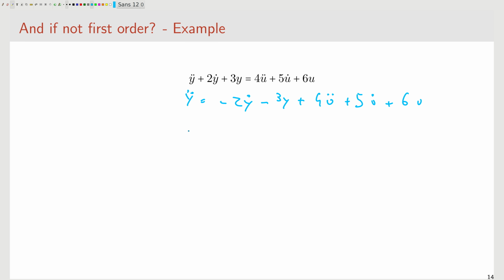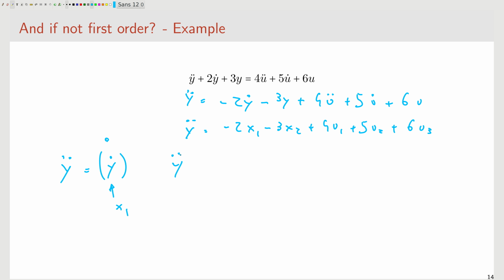Let's write it as y triple dot equal to minus 2 x1 minus 3 x2 plus 4 u1 plus 5 u2 plus 6 u3. Now, y triple dot is equal to what? y double dot is x1 dot. So y triple dot is equal to x1 dot, and this is equal to, for sure, this stuff here. Let's call it phi of x, u.